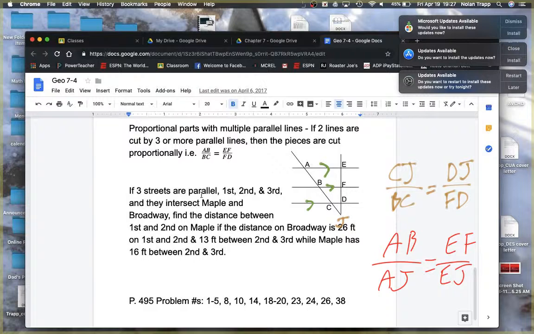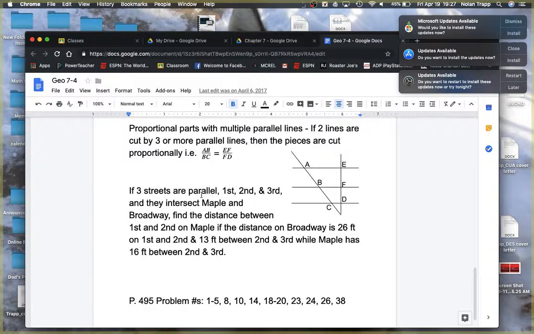So, we're going to use this picture to kind of help us out. If 3 streets are parallel, first, second, and third, and they intersect Maple and Broadway, let's call this one Maple, and I'm just going to put a B for Broadway. Find the distance between first and second on Maple if the distance on Broadway is 26 feet on first and second.